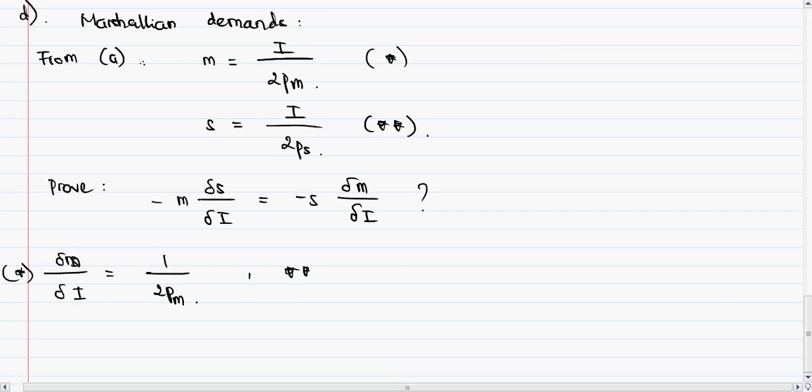If I use the second star equation, I will be able to find the derivative of S with respect to the change in I, and that will just give me 1 divided by 2PS.